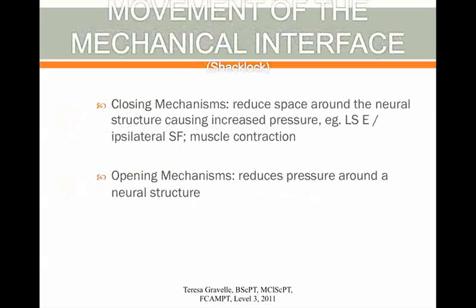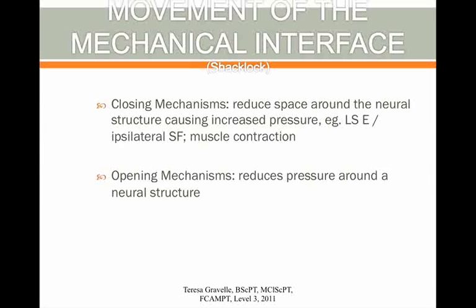When the mechanical interface moves, it can either reduce the space around the neural structure or reduce the pressure around the neural structure. Closing mechanisms will reduce the space for the neural structure, causing increased pressure. For example, lumbar spine extension and ipsilateral side flexion will do this.